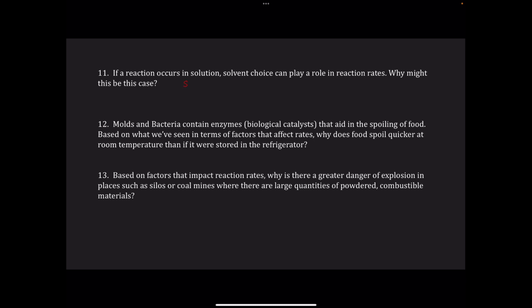So remember, our solutes have to come into contact. Their ability to come into contact is going to depend on how strong the forces are they have to break to come into contact with one another.